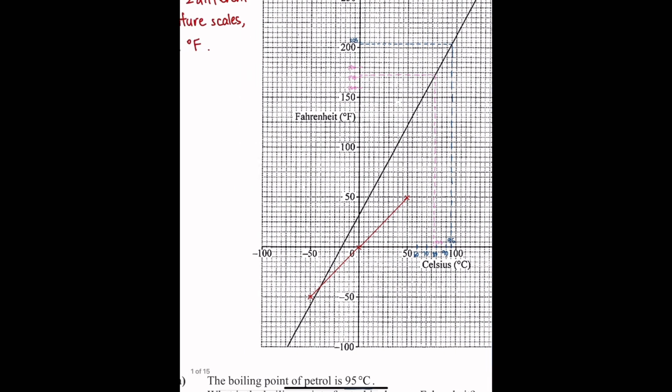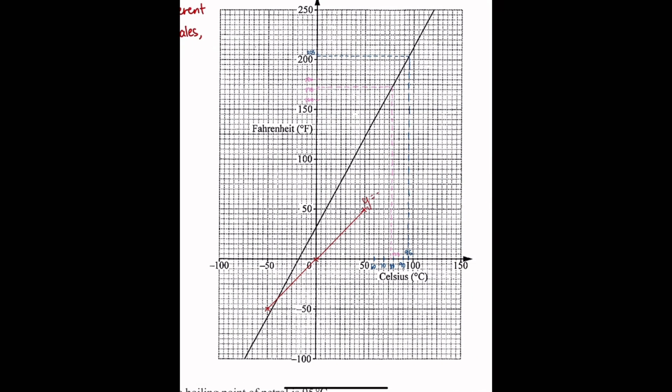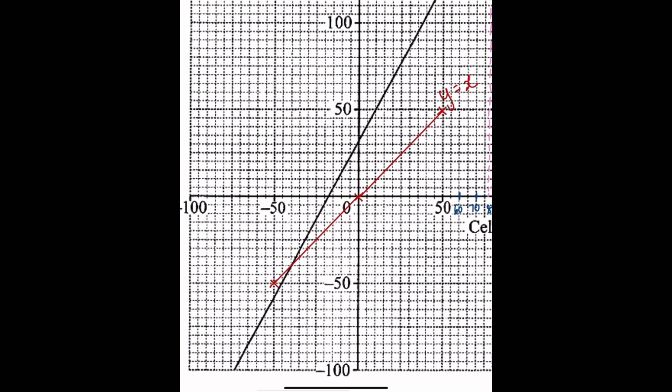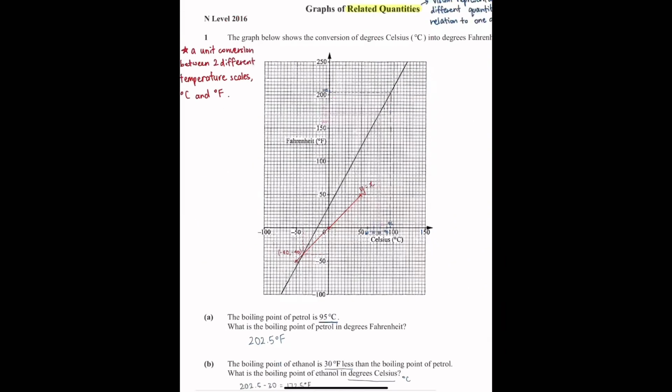If you notice, this line y equals x cuts the other line given at this particular point. Let's find the coordinates of this point. The coordinates are (-40, -40).